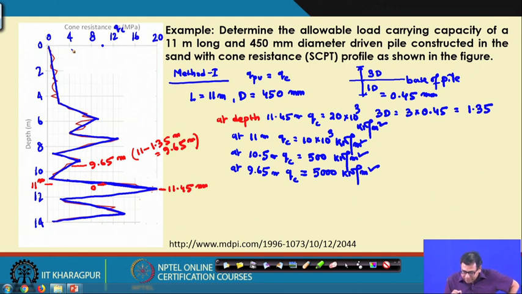Now, you take the weighted average. So, the weighted average of QC, or QC average, is equal to, first I am taking this zone, which is below the base.